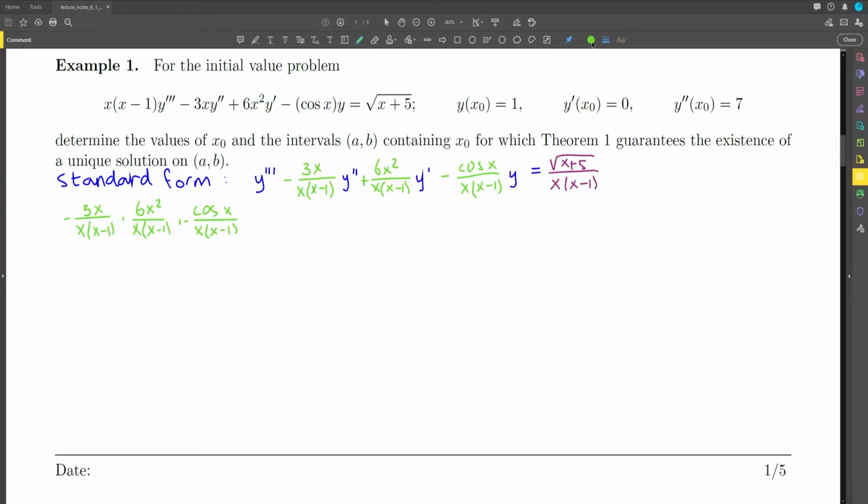So these functions are continuous everywhere except when x equals 0 or when x equals 1.